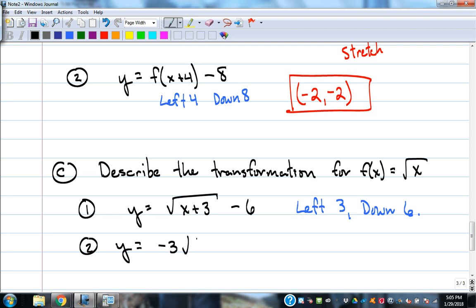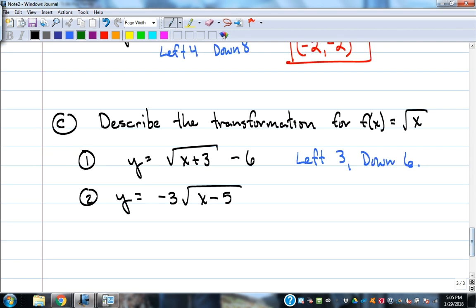Negative 3 square root of x minus 5. That's it. All right, I heard right 5. I heard reflect across the x-axis. Reflect across the x-axis.